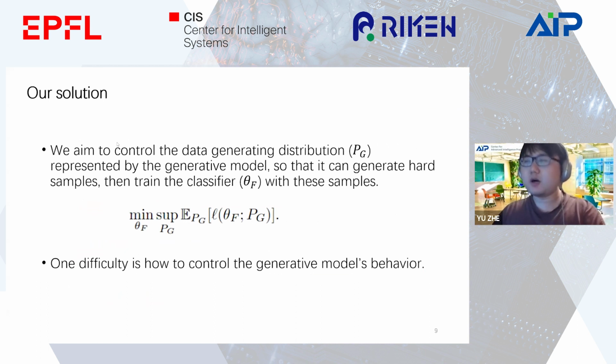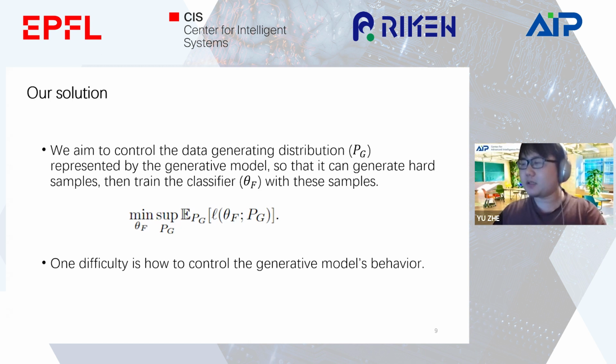Overall, we aim to control the data generating distribution represented by our generative model, so that it can generate hard samples. Then we want to train the classifier theta F with these samples. The overall objective is shown as follows.